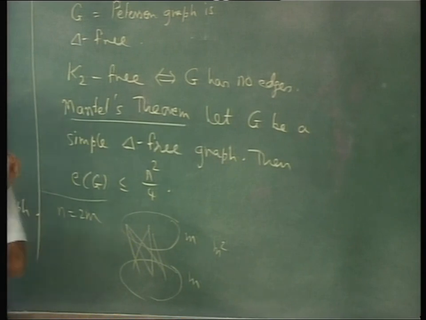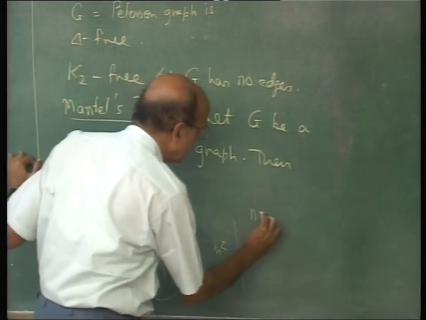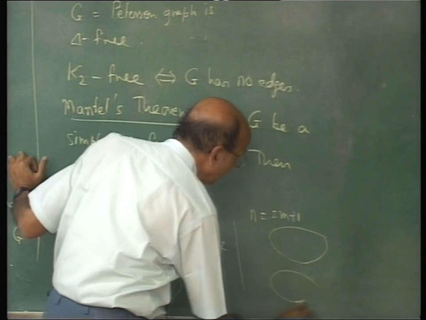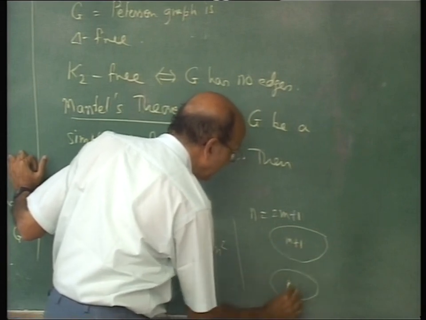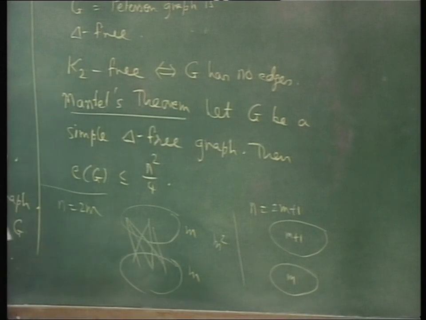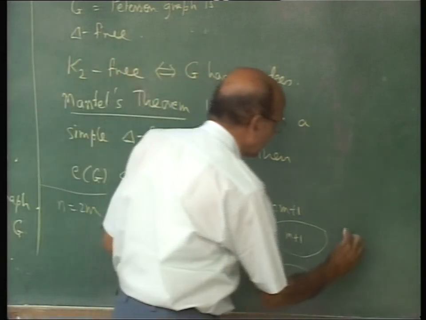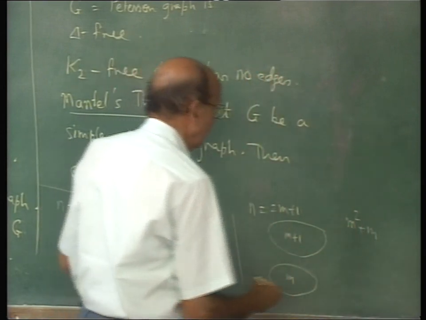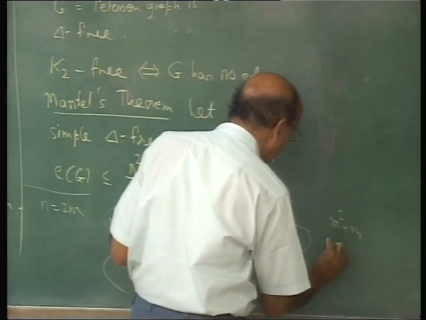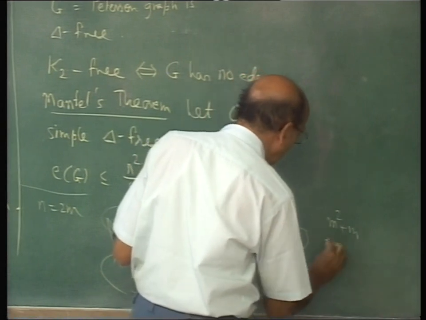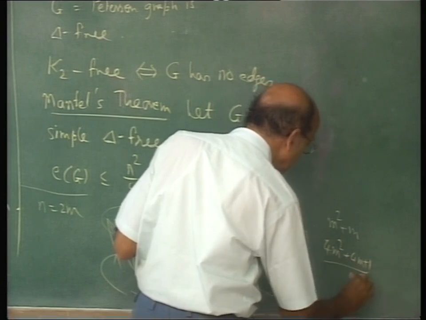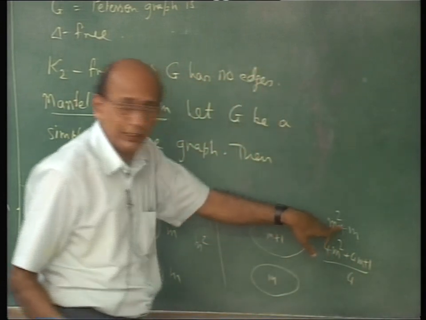If n is odd, then I cannot put them equally. Then I put them about equal, putting m plus 1 in one part, m in the other part. The total number of edges I'll get will be m square plus m. What will be n square upon 4, which is 2m plus 1 whole square upon 4, so 4m square plus 4m plus 1 upon 4, and the integer part of that is exactly m square plus m.